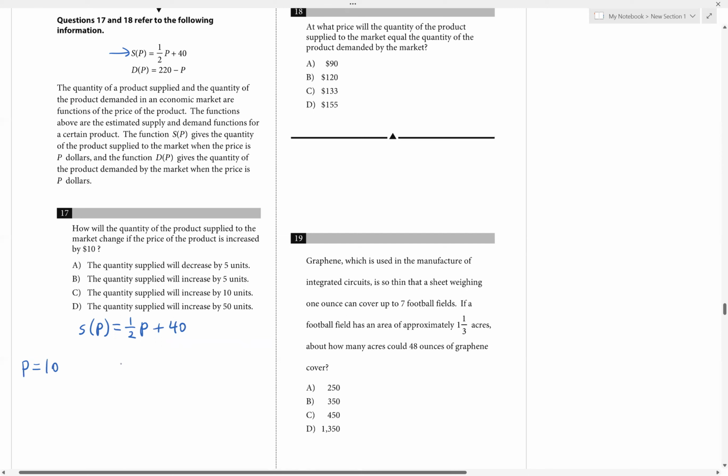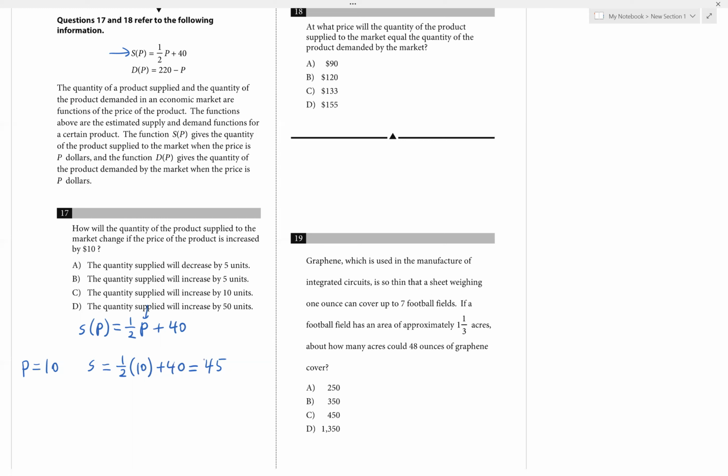So that would be S of 10, right? That means we plug 10 in where P is. So it'd be 1/2 times 10 plus 40. 1/2 times 10 is 5, and 5 plus 40 is 45. So when we pick P equal to 10, we get S equal to 45. So the price is $10 and the supply is 45.